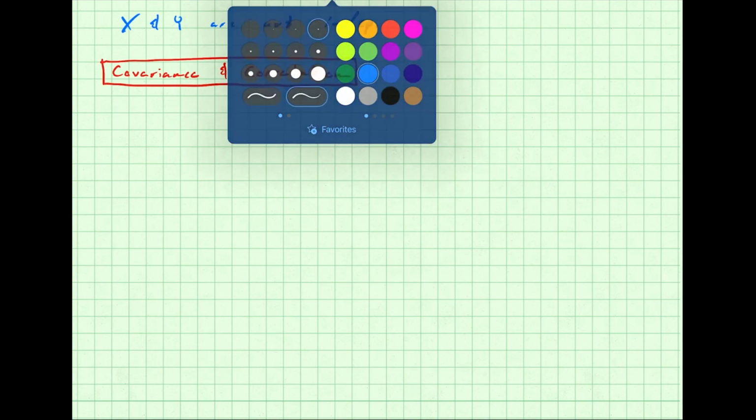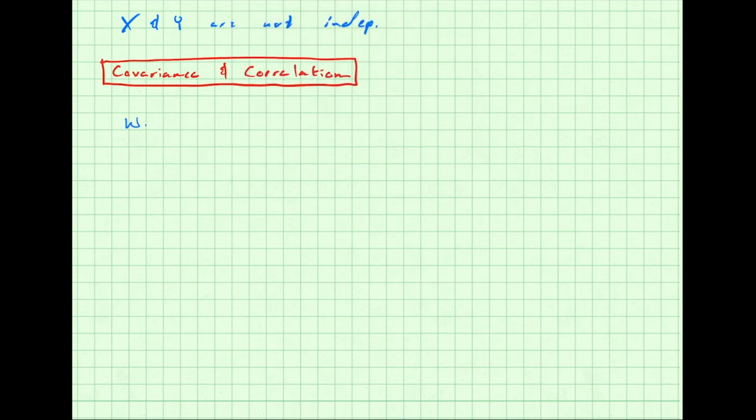The whole point is that we want a numerical way to quantify this, something to calculate, similar to the expectation value or the variance.